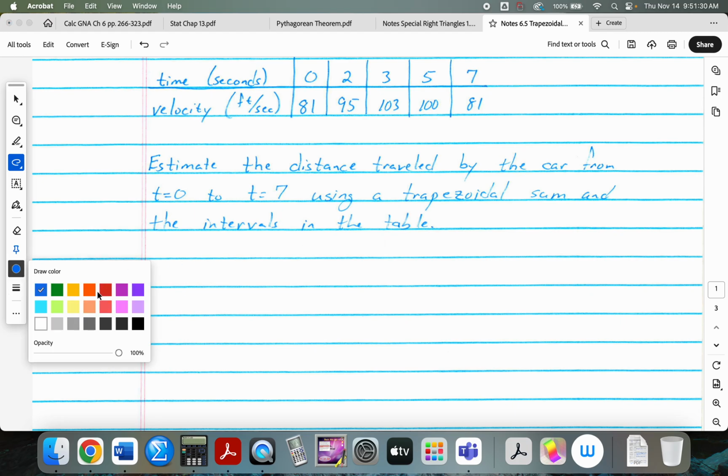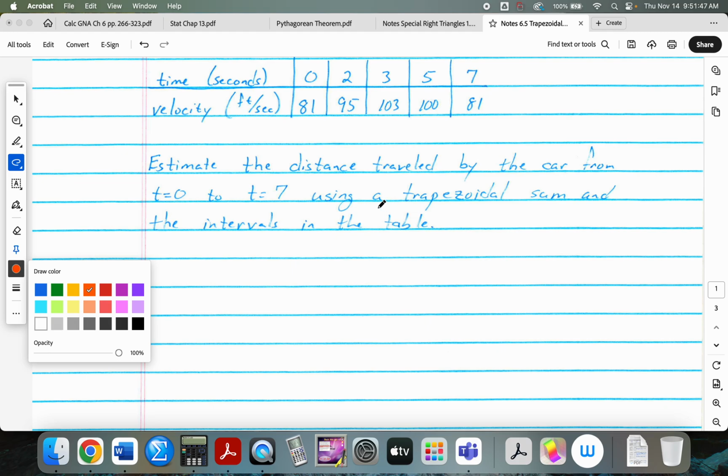All right, so you could, if you wanted to, do it like it says at the beginning of the lesson: do a left sum, do a right sum, and average them. Being mathematicians, we're like, no, that takes too long. We're going to do this a faster way.